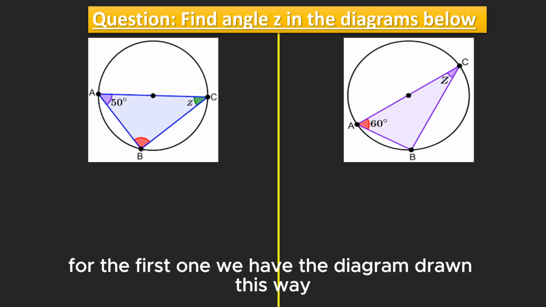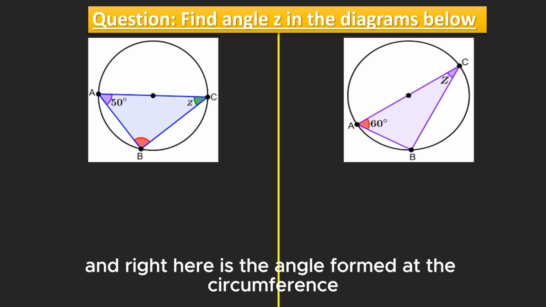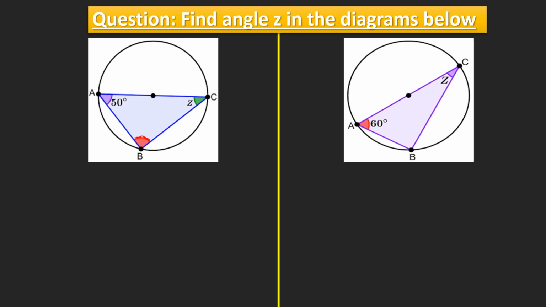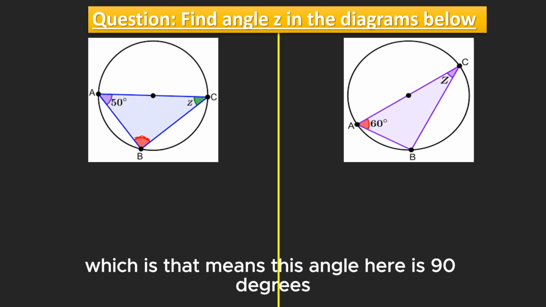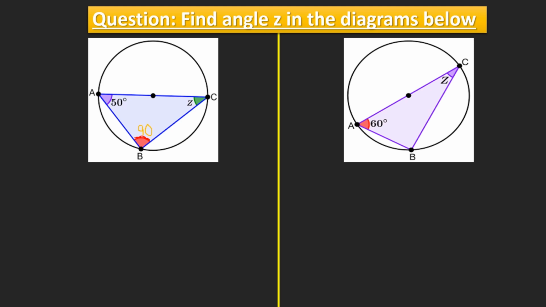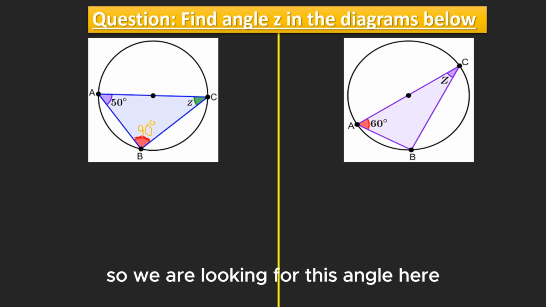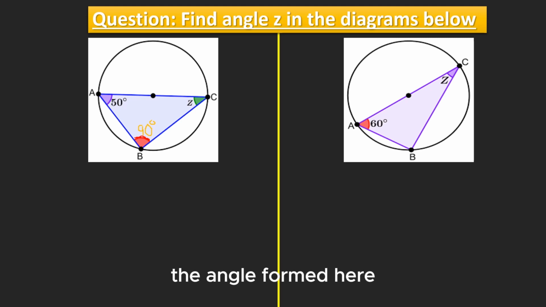For the first one, we have the diagram drawn this way, and right here is the angle formed at the circumference, that means this angle here is 90 degrees. So we are looking for this angle here.